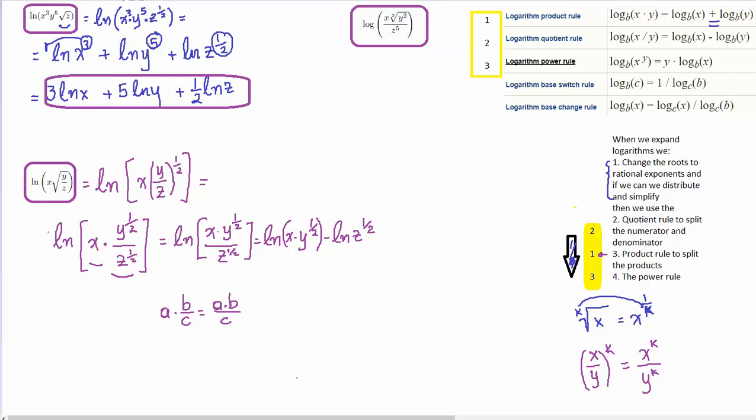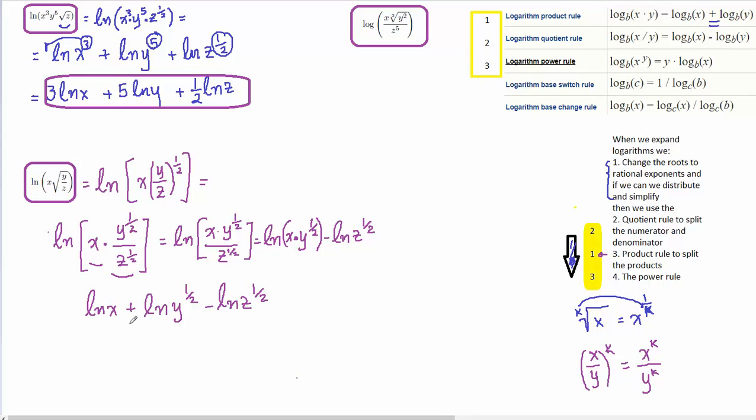So at this point I can continue with the product rule, and I will apply the product rule in the first term right here in order to finish it, and I will have ln of x plus ln of y to the 1/2 minus ln of z to the 1/2.